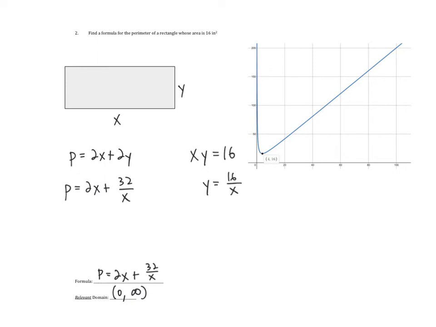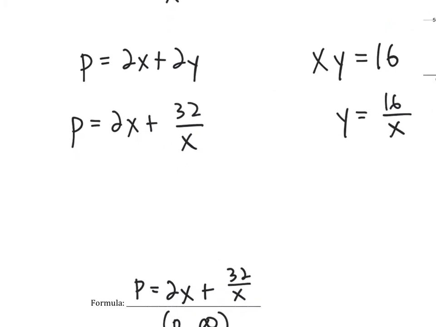So now we'll take critical values. So take the derivative, or find critical values. Remember, this is 32x to the negative 1. So take the derivative. Okay, set this equal to 0 to find critical values. If we do, we'll get x to the negative 2 equals 1 over 16.